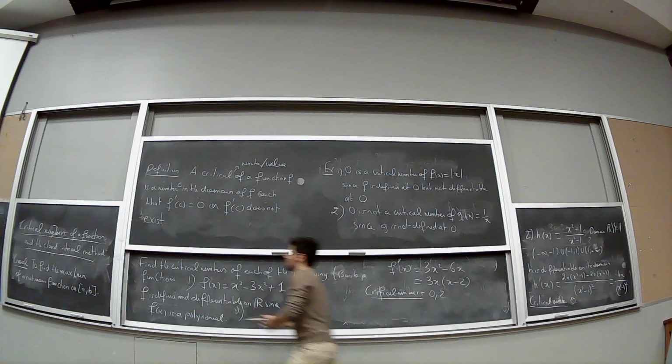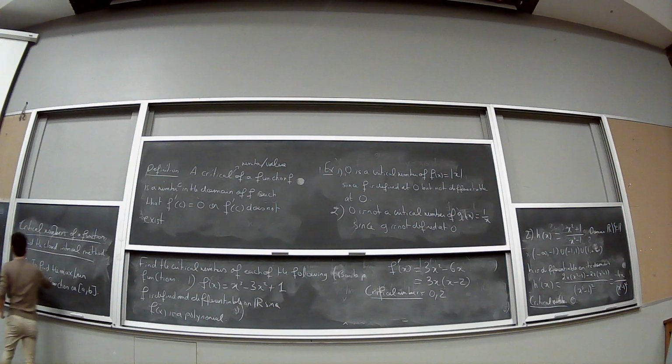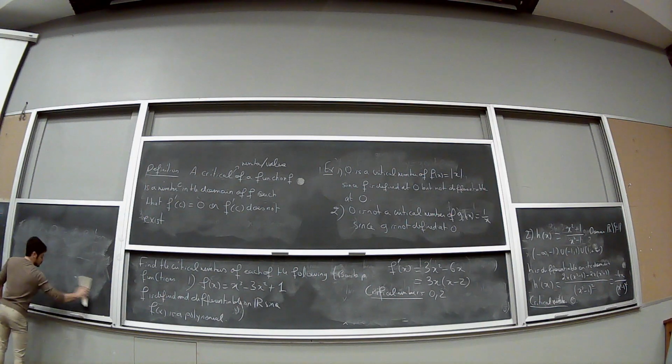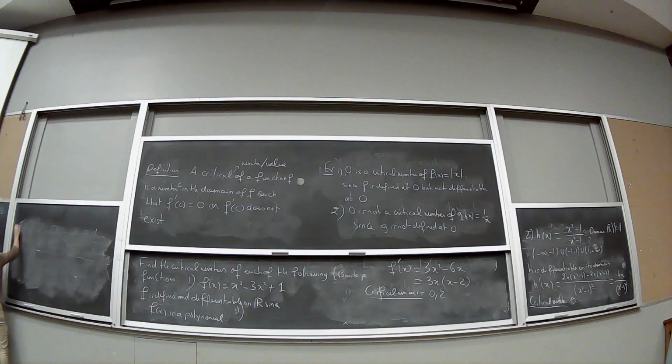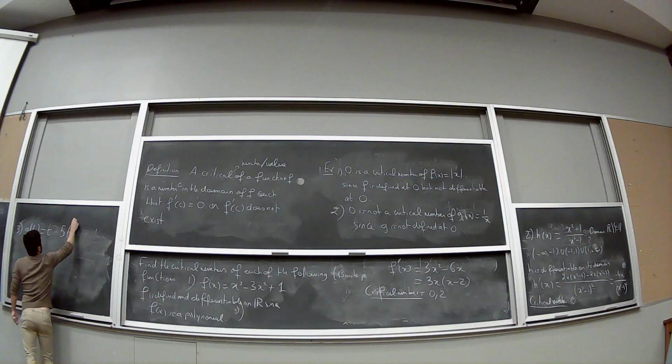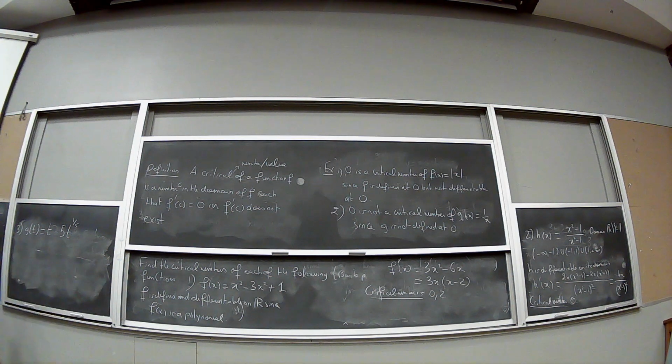Okay? Now let's do another one. G of t is t minus 5 t to the 1 over 5.